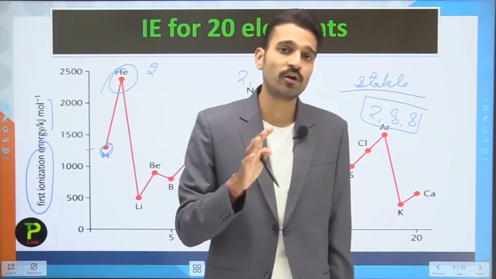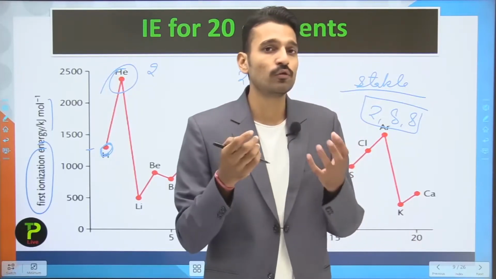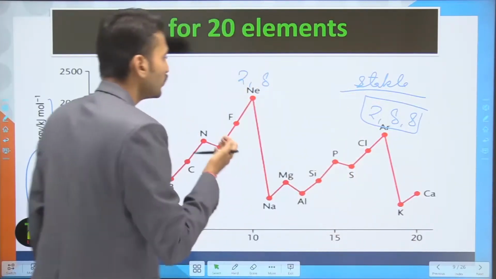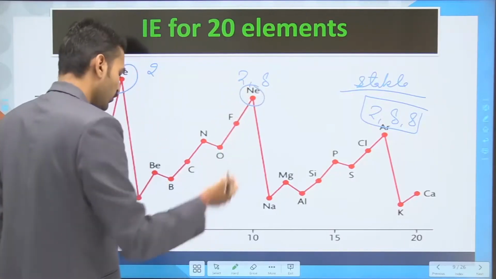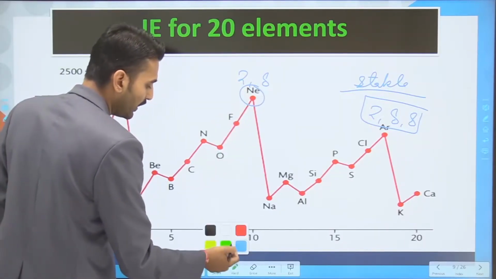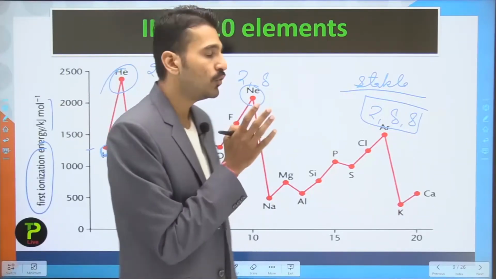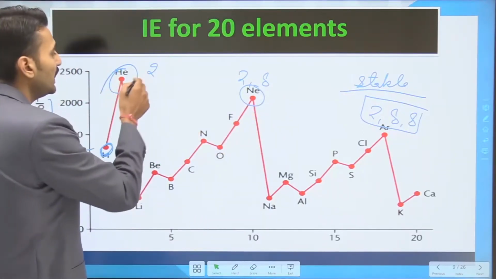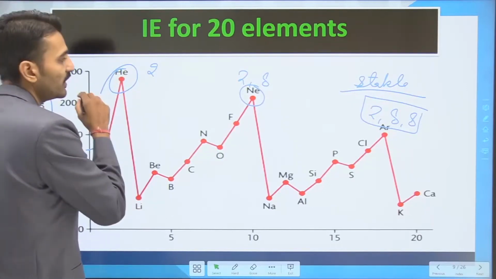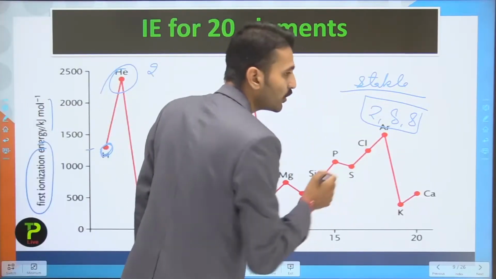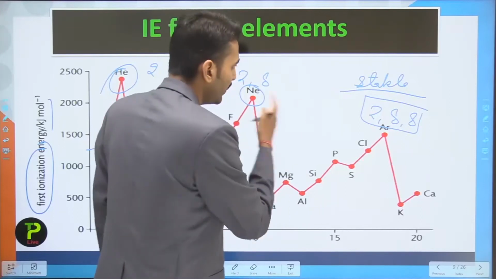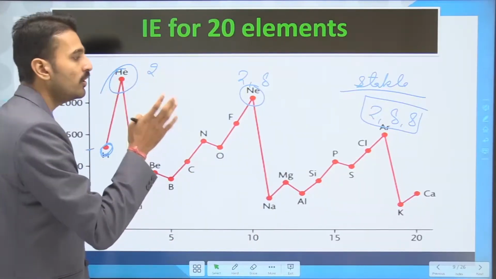They do not want to give up an electron or accept an electron. So they simply don't want to lose their electron. But if we try hard and remove an electron from them, we would require much energy to do that work. So helium has the highest ionization energy, and as we move down in a group, that is in the noble gases, the trend for ionization energy keeps on decreasing.